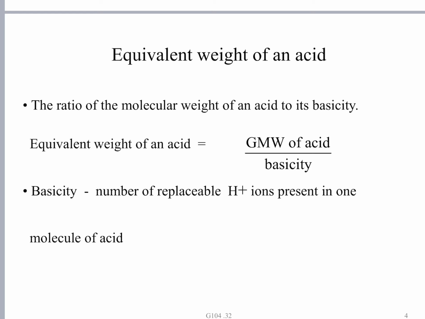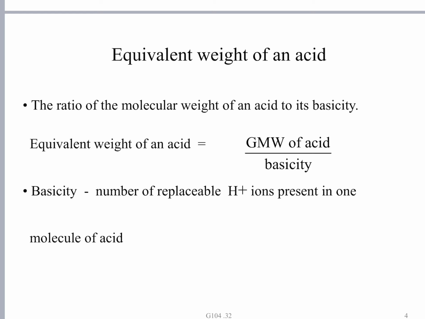From molecular weight, we calculate the gram equivalent weight, and the gram equivalent weight concept is essential to solve normality problems. So, we have just defined the equivalent weight of a substance. Now, we will see the equivalent weight of 3 classes of compounds and how to calculate that.